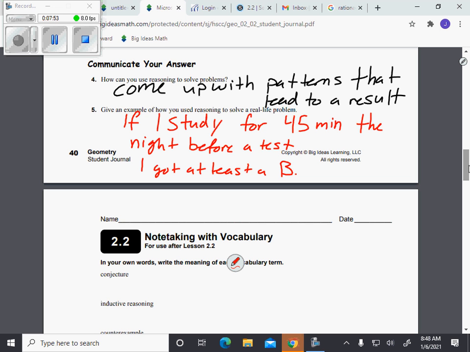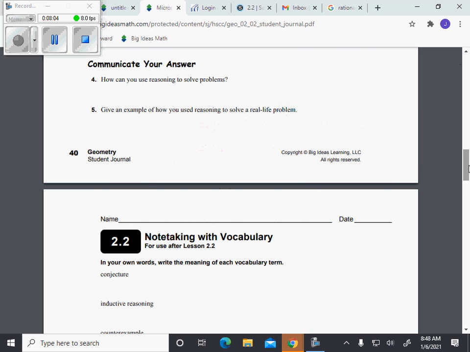I studied for 45 minutes prior, or the night before that test. Okay, that's my reasoning. My reasoning, I studied 45 minutes. Why? Because I'd get at least a B on my test.